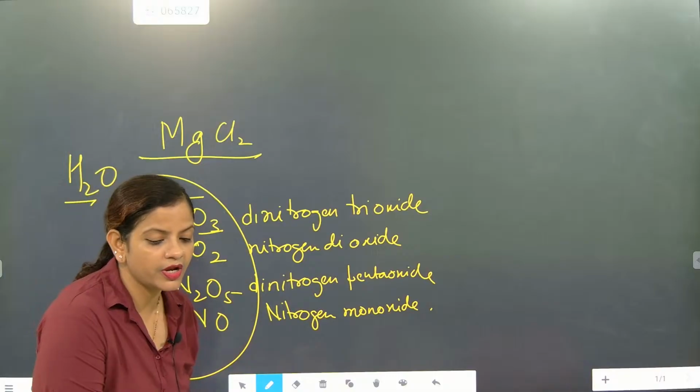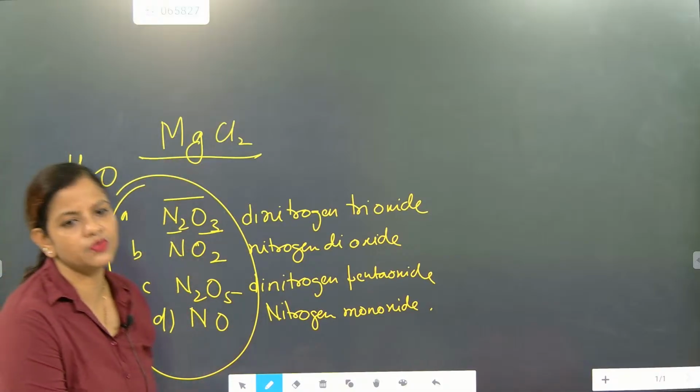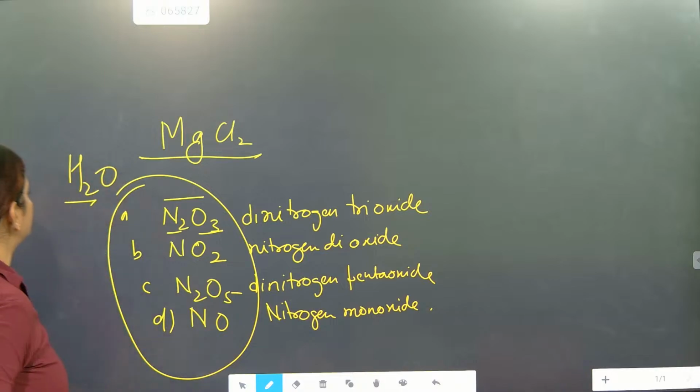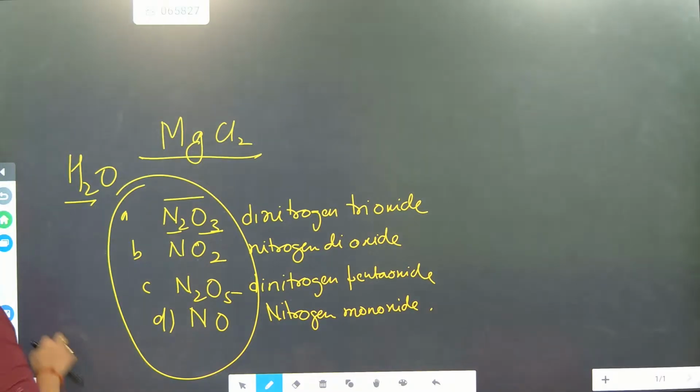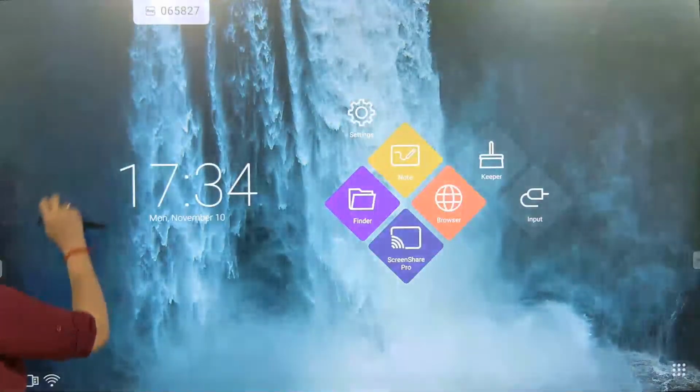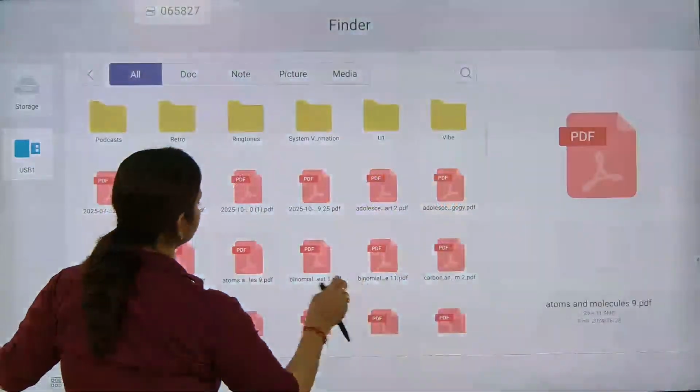But magnesium chloride, because only one compound is made, we can write like this. Like hydrogen, dihydrogen oxide we could say for it, but hydrogen peroxide and the water molecule are written in different formats. So we need to understand that section.